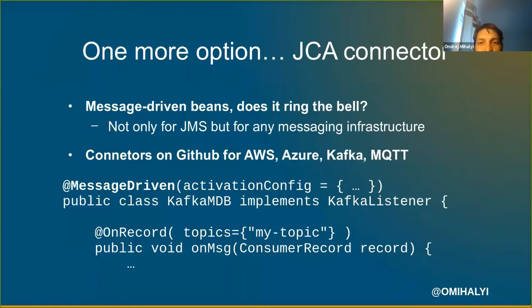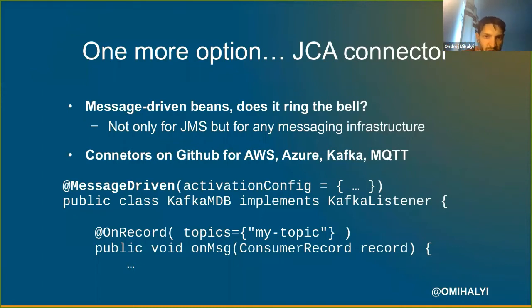And this is very useful if we have these JCA connectors to external services. We can just choose the connector for our service, for example, Amazon messaging service or other services in the cloud, or standalone local services like Kafka or MQTT. And we don't have to change our code so much.